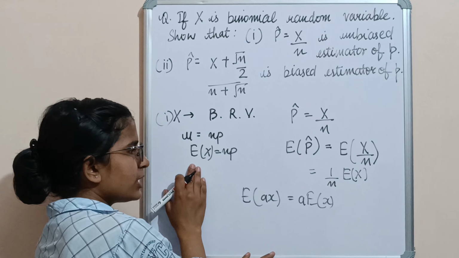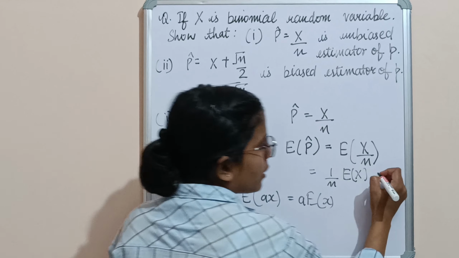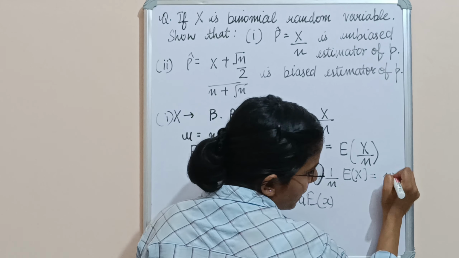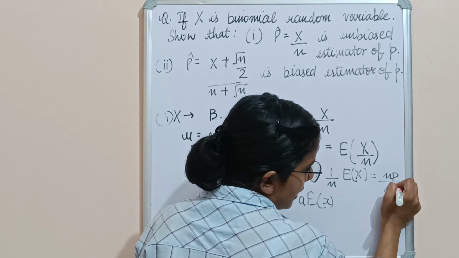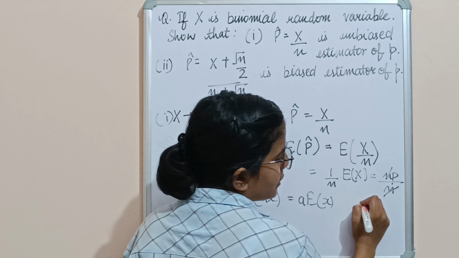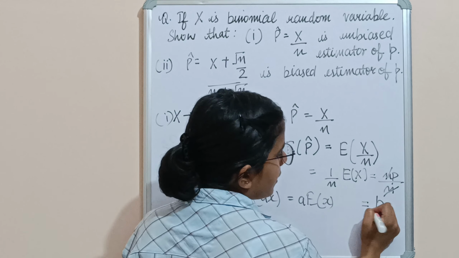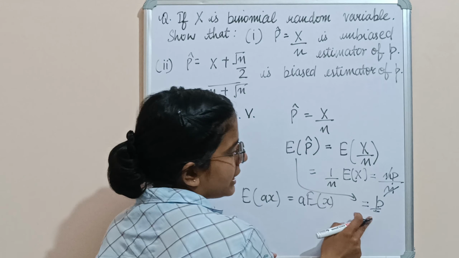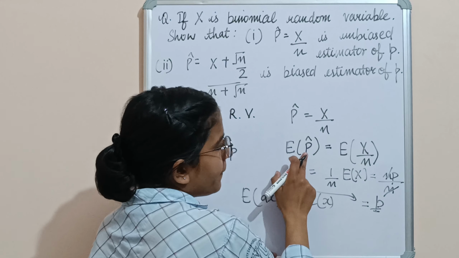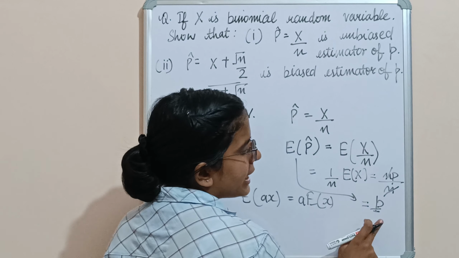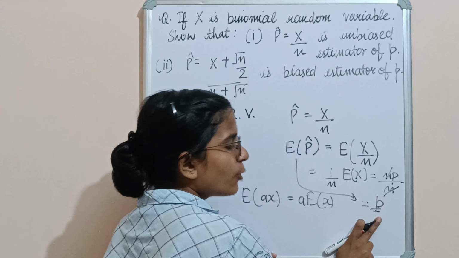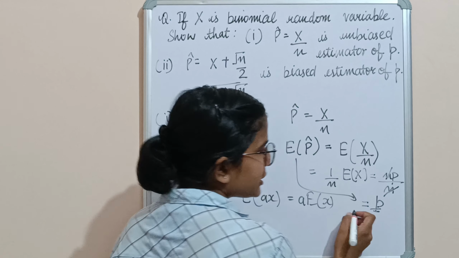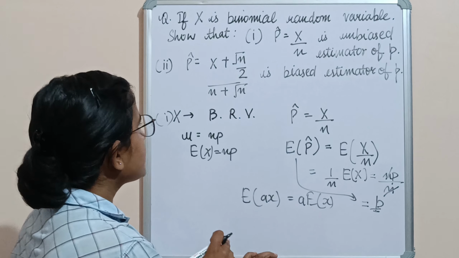Therefore, its expectation is np. So this will be equal to np divided by n. n and n got cancelled out. So this is equal to p. Now our expectation of p cap is p. Therefore, p cap is an unbiased estimator of small p. Hence proved.